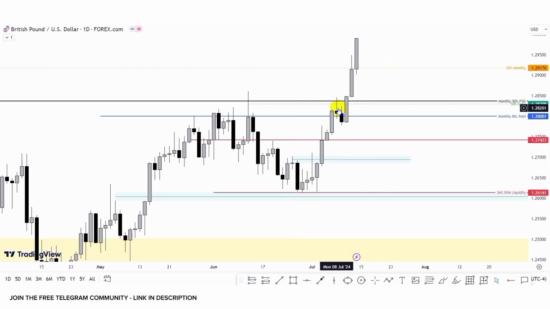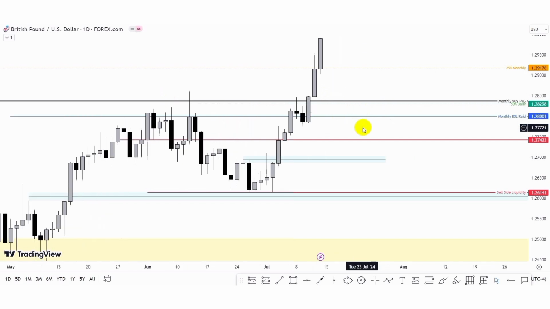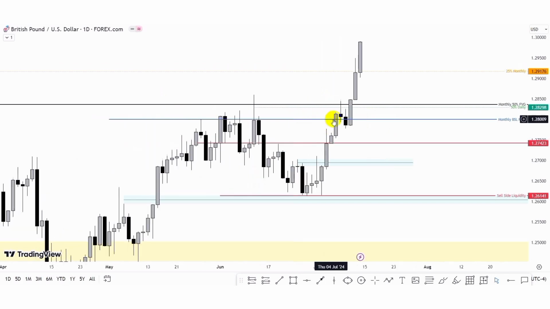But then what we can see is price just give us a very minor bearish move on Monday and then on Tuesday. Then you can see Wednesday, Thursday, Friday was giving us a bullish momentum. So guys, that was what was projected.